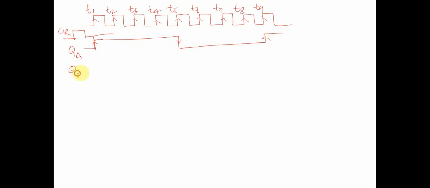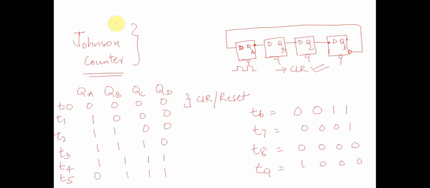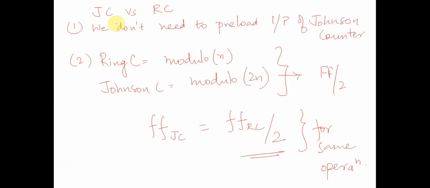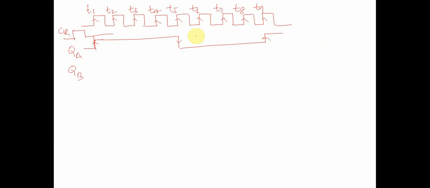What will be the operation of QB? QB becomes 1 at T2 and it will remain 1 till T6. At T6 it will become 0. So T2 to T6, and again at T10.